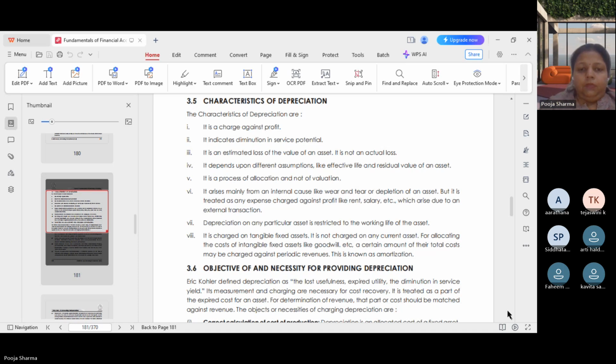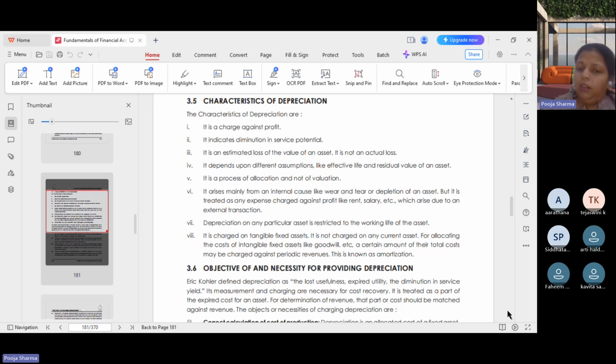Depreciation on any particular asset is restricted to the working life of the asset. Depreciation is charged against profit only for the time period till when the asset is in working condition. After that, we can't charge depreciation.